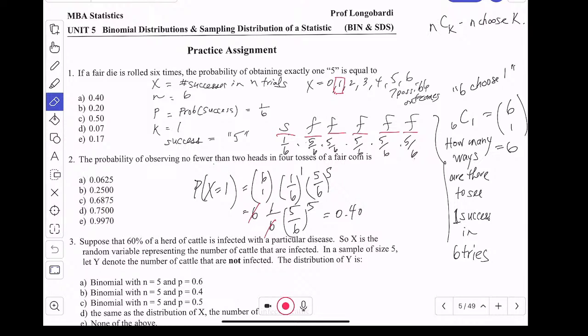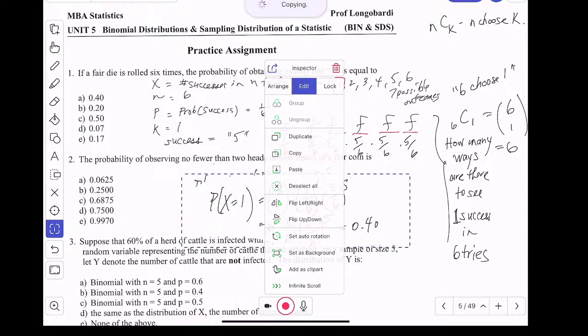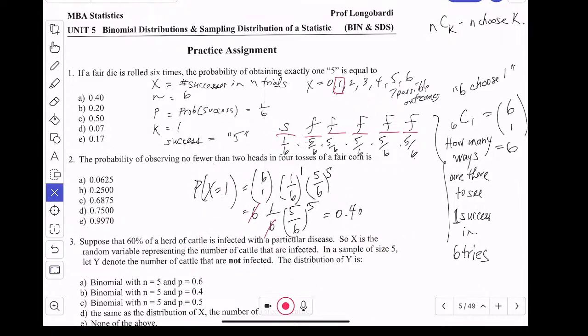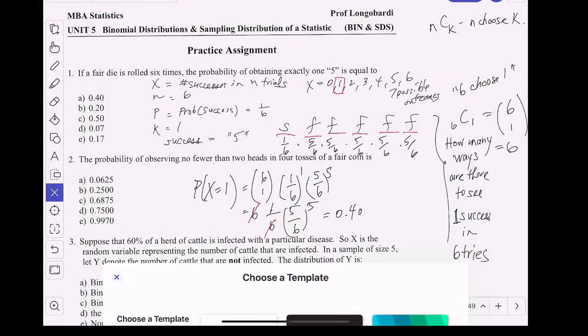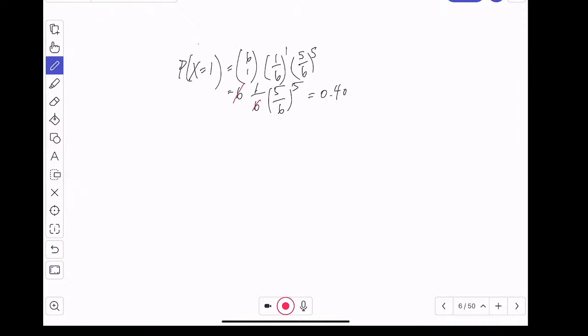All right, so now let's make the general formula from this. Let me take this away. So in general, I said we need x, n, p, and k.